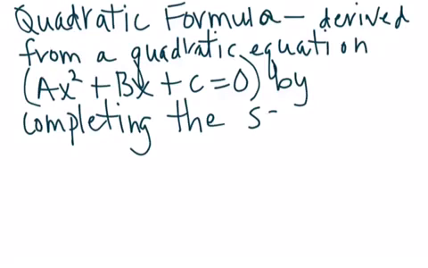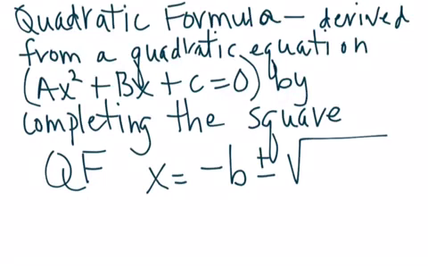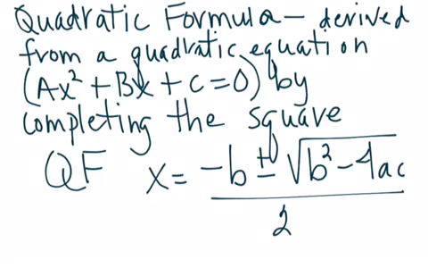If you don't currently know the quadratic formula, now is a good time to learn it. The quadratic formula is x equals the opposite of b plus or minus the square root of b squared minus 4ac all over 2a.